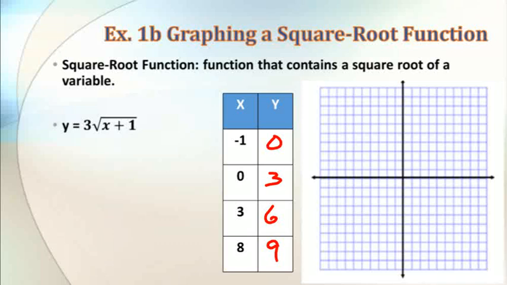And come down to my coordinate plane again. Each line is counted by ones, so I'll plot them. So x is negative 1, y is 0, so it's here. 0, 3, so 0 up to 3. 3, 6.